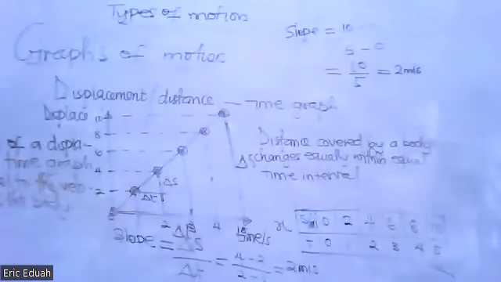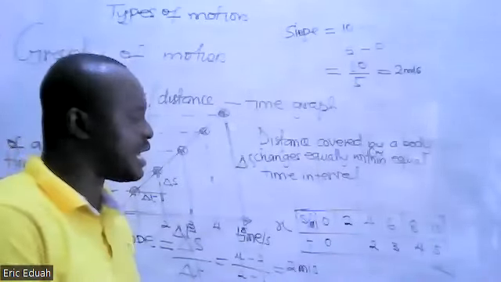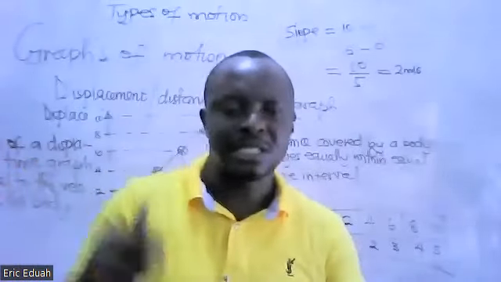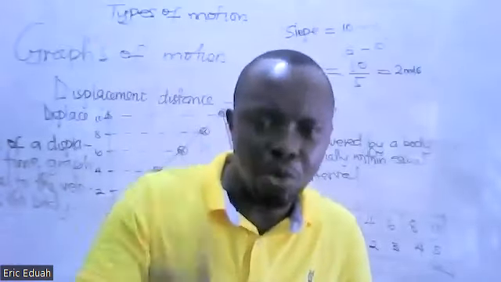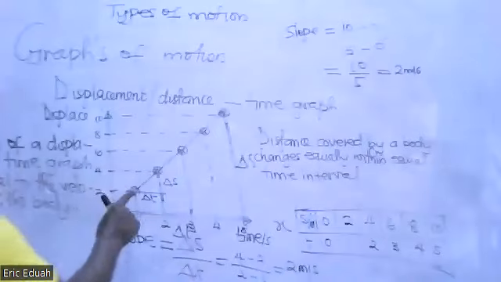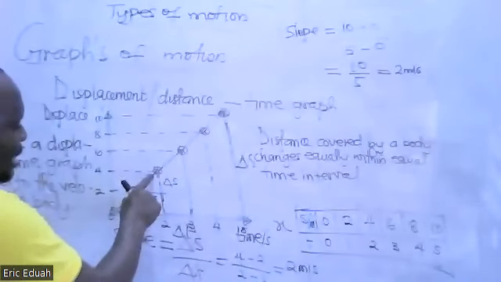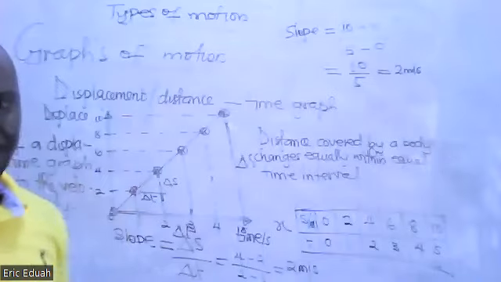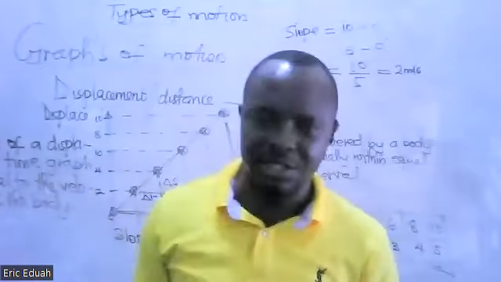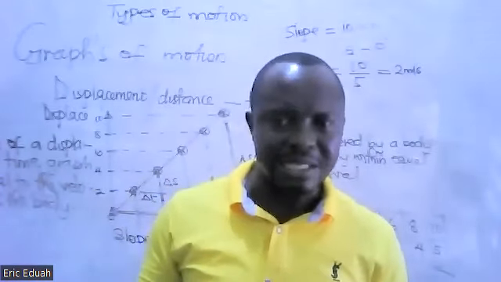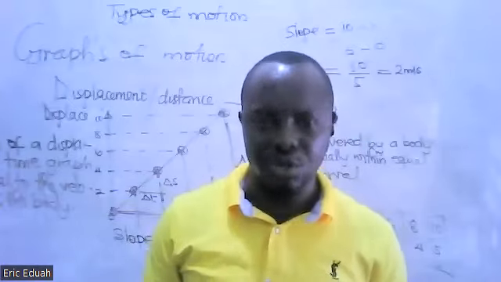When the body covers equal distances within a specified direction within equal time intervals, such motion is described as uniform velocity motion. Uniform because the value of the slope is the same along the straight line. Is that okay? We'll look at non-uniform velocity motion tomorrow and look at other graphs of motion.